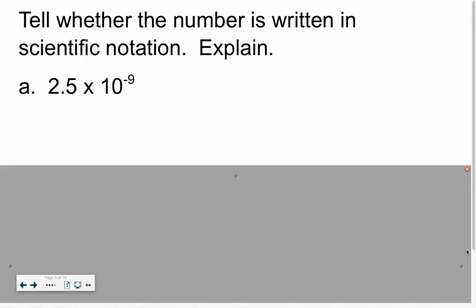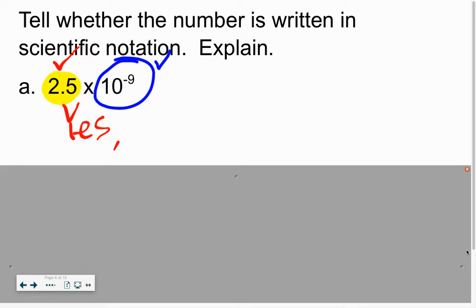Up first, tell if the number is written in scientific notation. First, do we have a factor? Is this number between 1 and 10? Is it 1 or something less than 10? It is, so that's correct. And then here, do we have a power of 10? 10 to some number, some exponent, and we do. So our answer is yes.